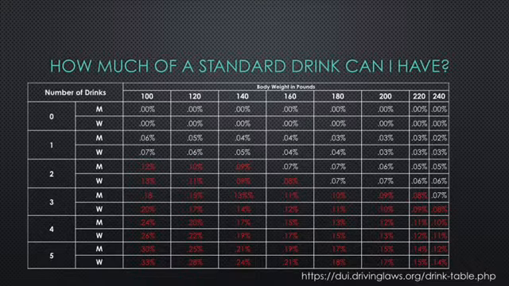For example, I'm between 200 and 220, so I can have around 2 to 3 drinks before I hit that 0.08 marker. The reason for that is because the higher your BAC, or blood alcohol content, gets, the more effects of alcohol you're going to feel.